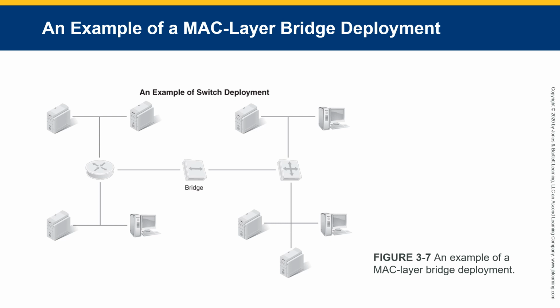Here's an example of a switch deployment with a MAC bridge. Now, this is something that you only read about in your history books. You're not going to see this really ever again. So I don't want to spend a lot of time on it. But basically, all of these things are essentially on the same physical LAN.